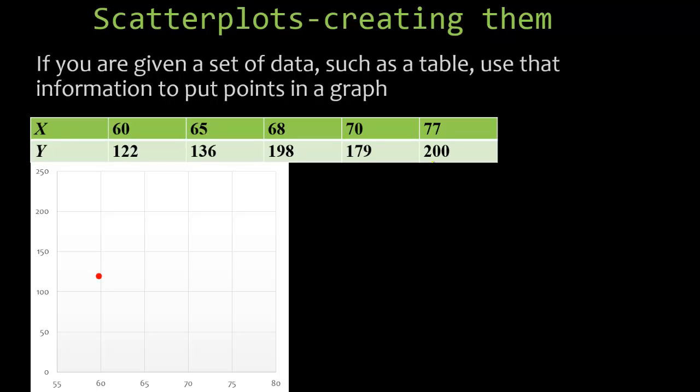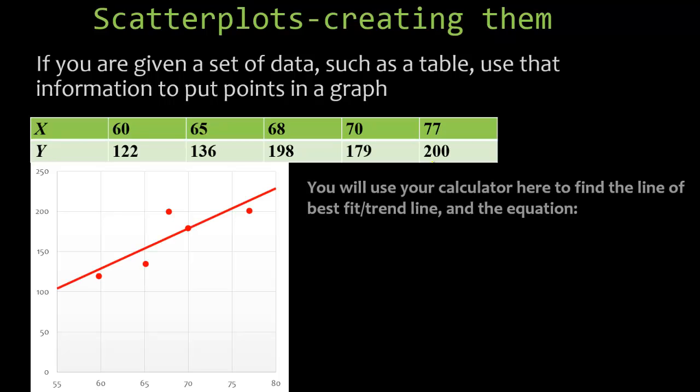So we go ahead and we plot 60, 122, 65, 136, 68, 198, 70, 179, and 77, 200. So you would put that data into a table in your calculator, and you would be able to get a trend line or a line of best fit, which runs like that.